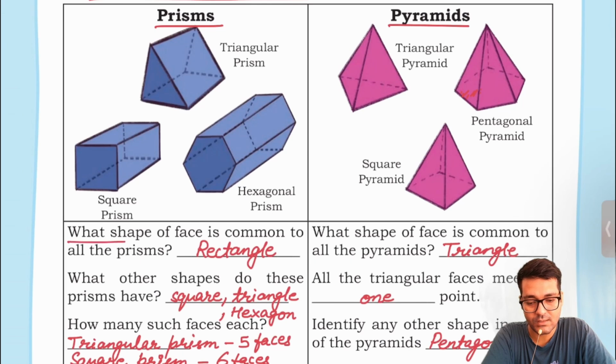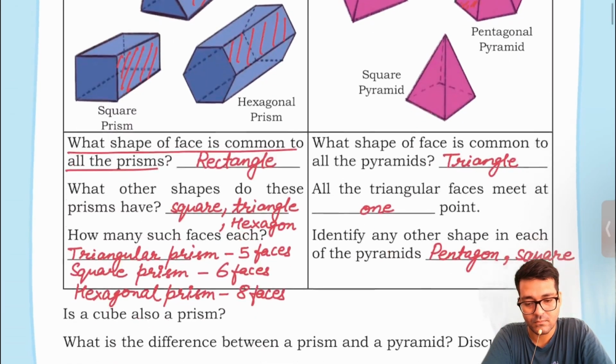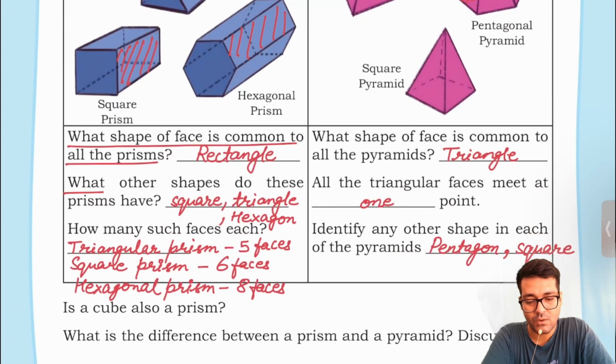Question: What shape of face is common to all of the prisms? You can see the rectangle shape face is common to all of the prisms. What other shapes do these prisms have?